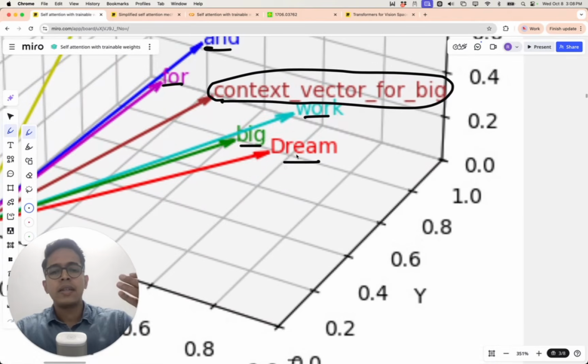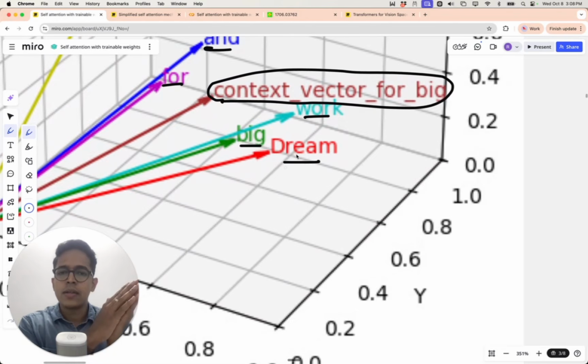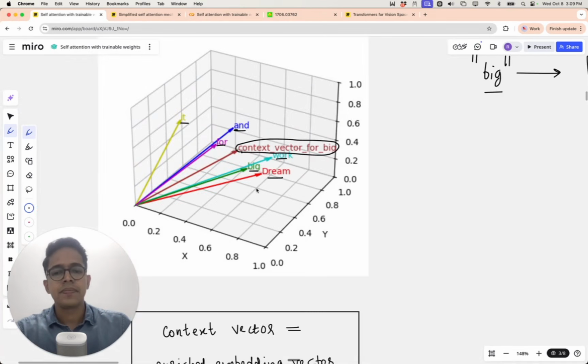So after tokenization, we have the vectors corresponding to tokens, and then there are no more trainable weights involved. We are simply taking the dot product to get the attention scores, then normalizing it using softmax to get attention weights. Then we are taking the weighted attention of keys corresponding to any given query to get the context vector for that particular query. So this is what we were doing in the last lecture.